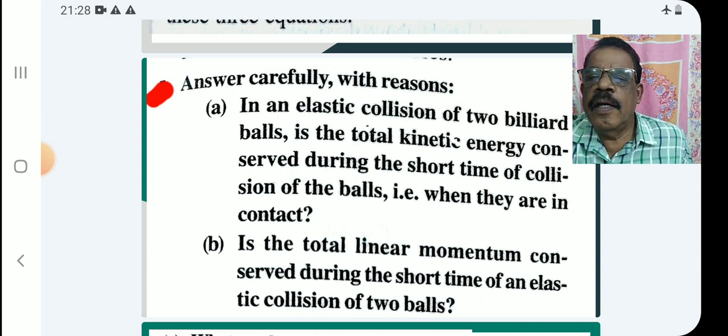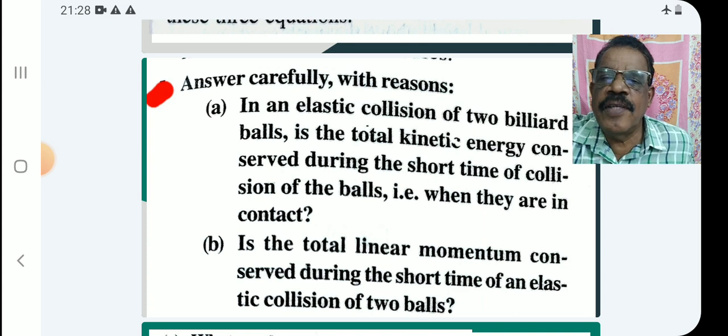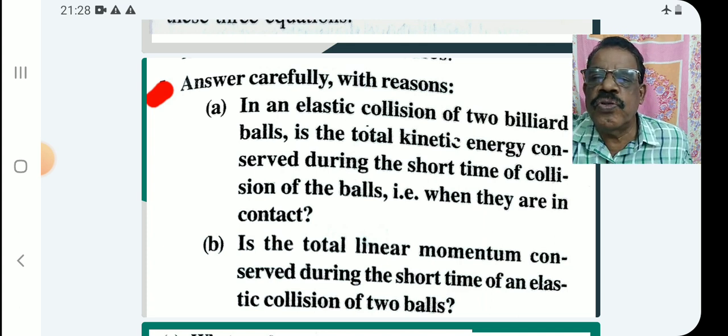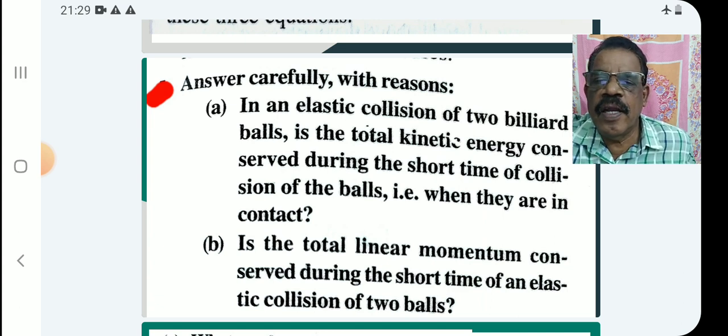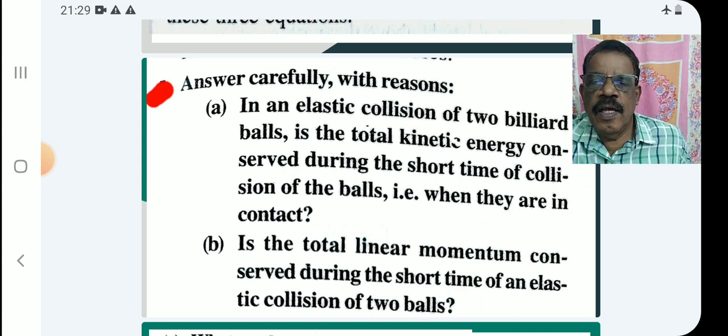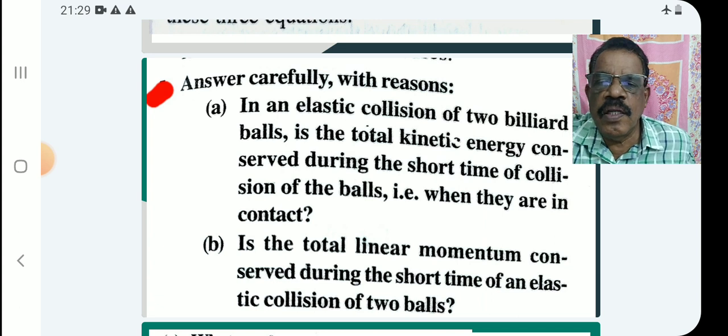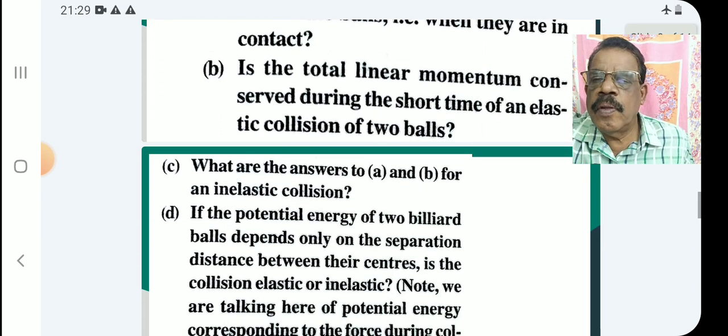A, these are questions. In an elastic collision of 2 billiard balls, is the total kinetic energy conserved during the short time of collision of the balls, that is when they are in contact? Number B, is the total linear momentum conserved during the short time of an elastic collision of the 2 balls?